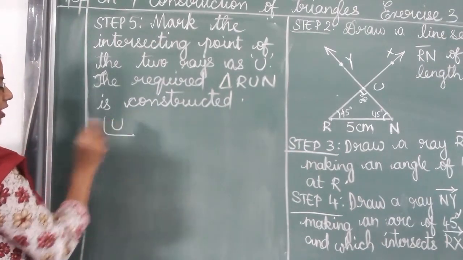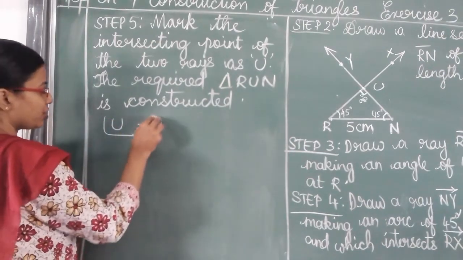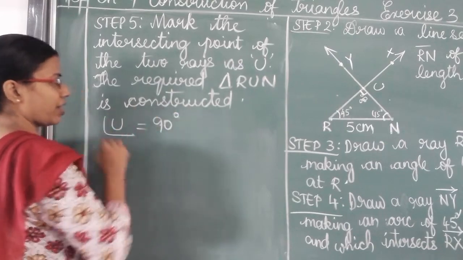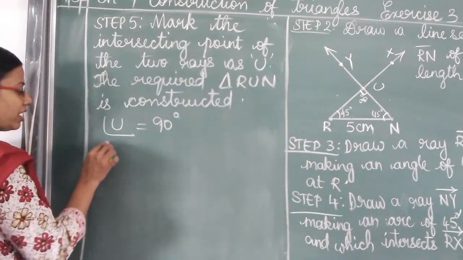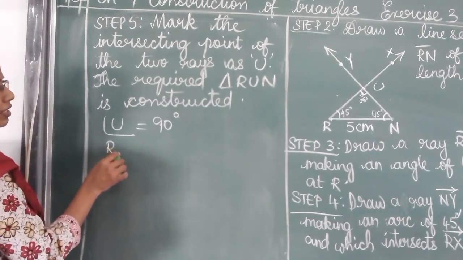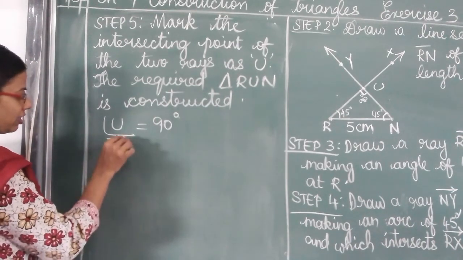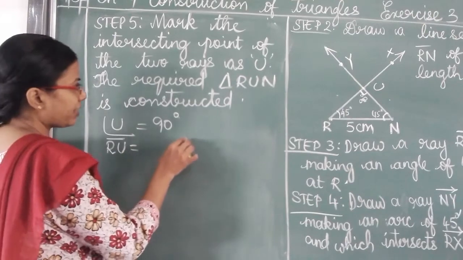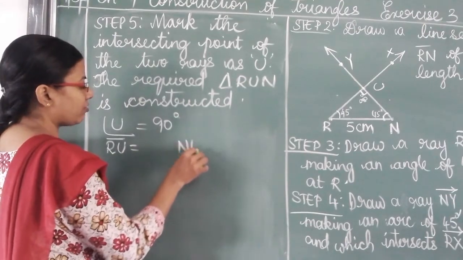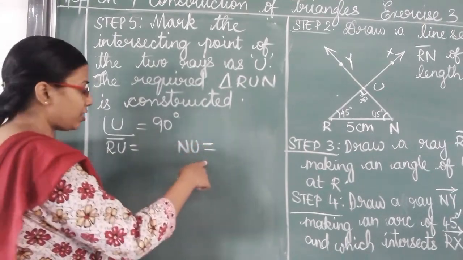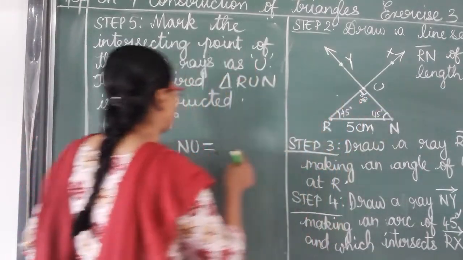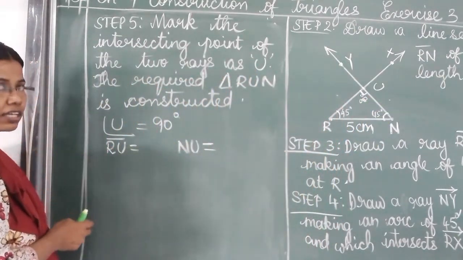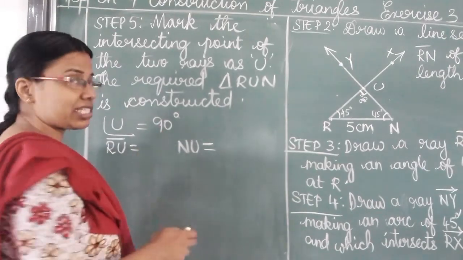They asked you to find out the angle of U. This we measured and we came to know that it is 90 degrees. Now they asked you to find out the length of RU, and they asked you to find out NU length. This you have to measure and write the length. This length and this length you measure and write here. Then one angle is 90 degrees.